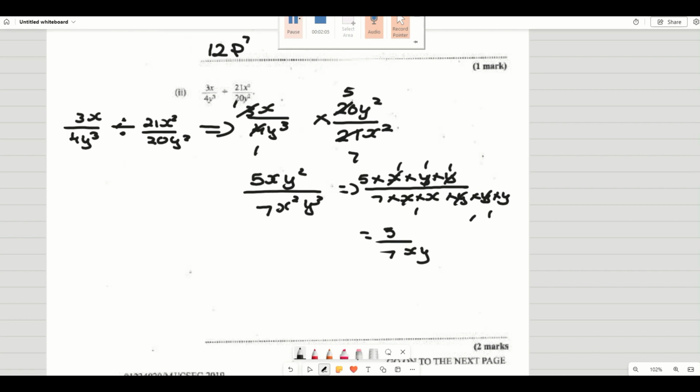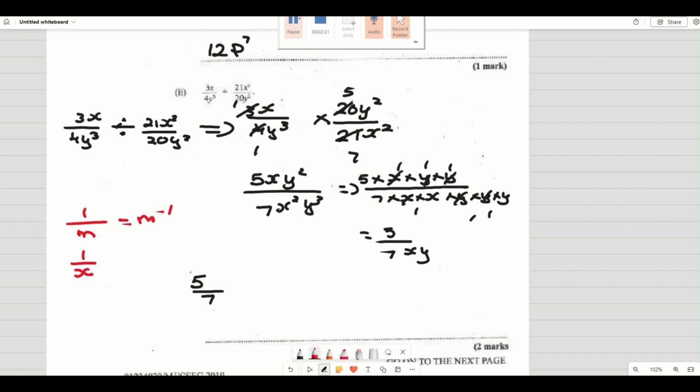You can leave the answer like this, or what you can do, it would be 5 over 7, and a rule of thumb is 1 over m is equal to m to the negative 1.